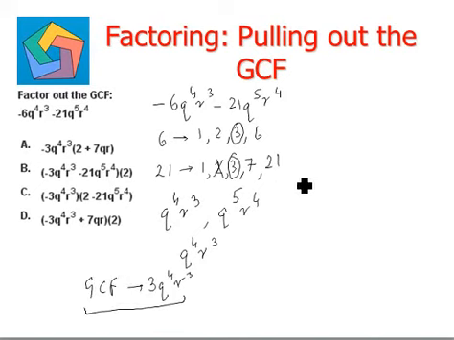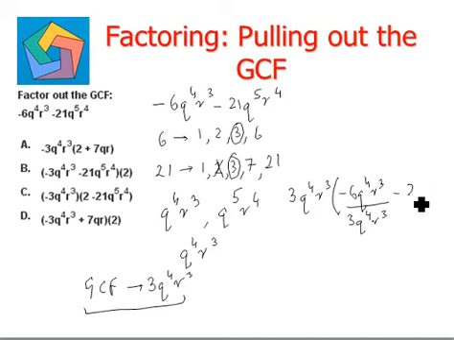So now we'll put the GCF outside the parentheses and divide each term inside the parentheses by the GCF. Minus 21q^5 r^4 divided by 3q^4 r cubed.